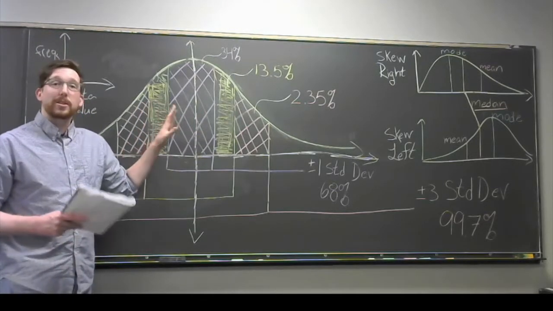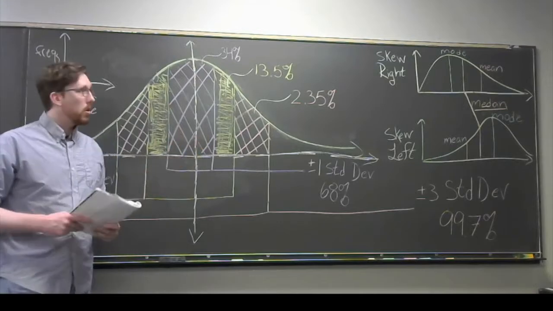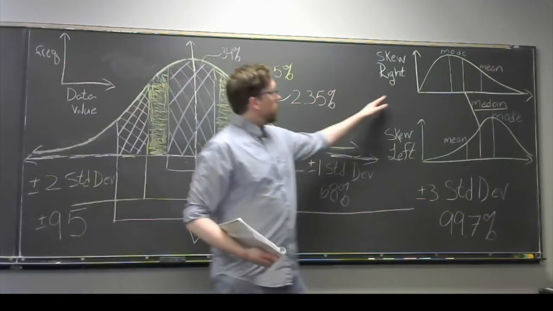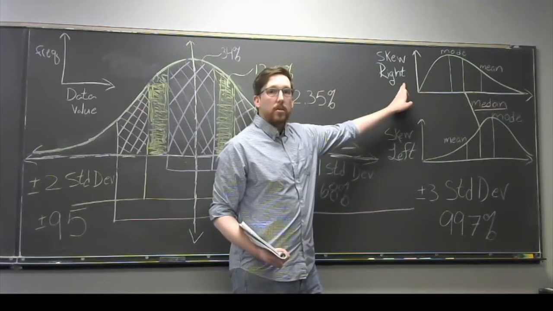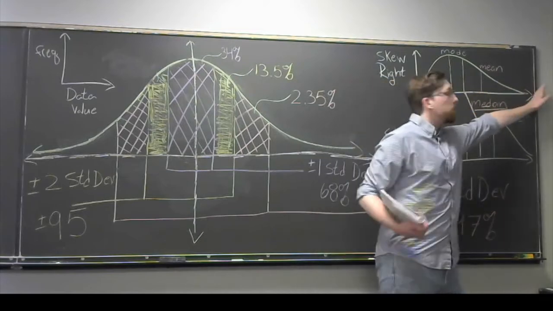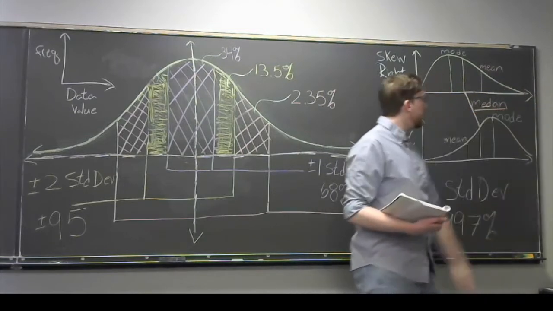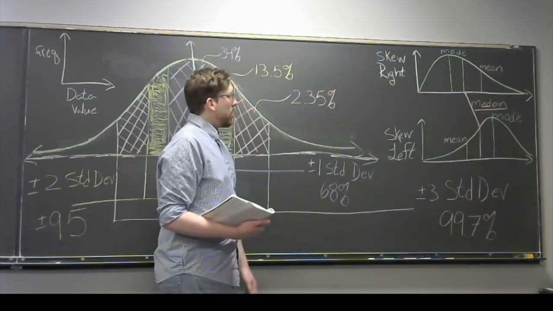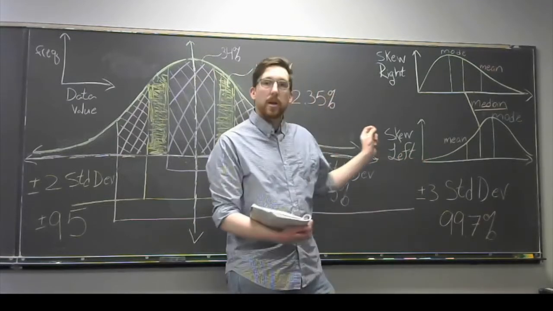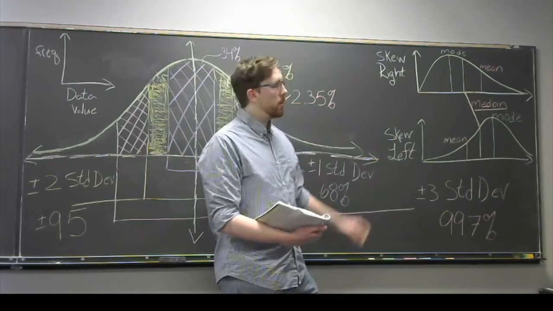We can have what's called a skewed distribution, skew right or skew left. Skew right looks like somebody pinched our bell curve and pulled one end to the right. Skew left looks like we did the exact opposite. We pinched one end and pulled it to the left.